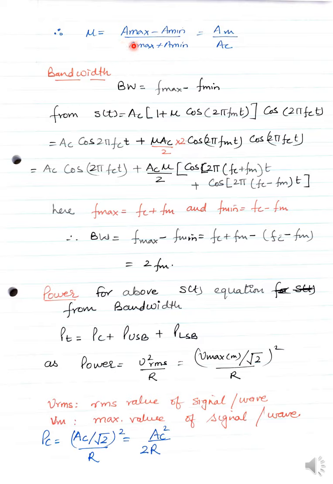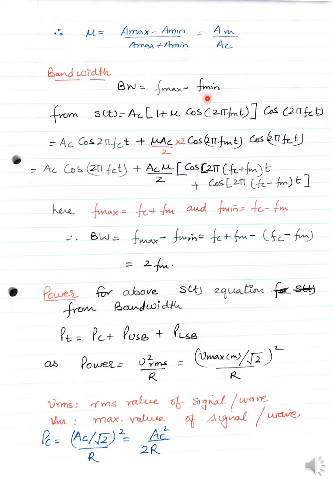If you remember, μ = Am/Ac, which equals (Amax - Amin) divided by (Amax + Amin). So this is the relation of the modulation index with respect to the maximum and minimum amplitudes of the modulated signal.